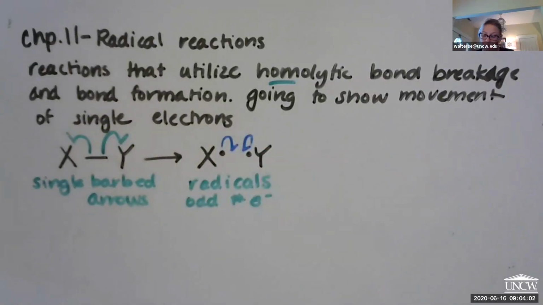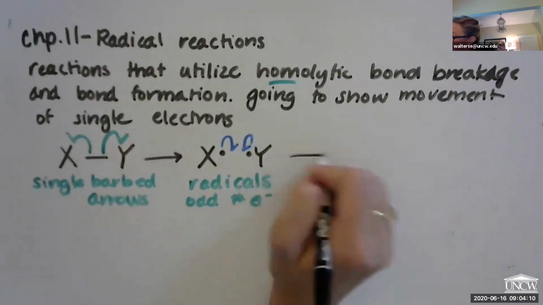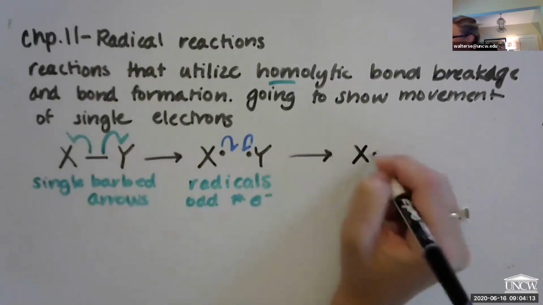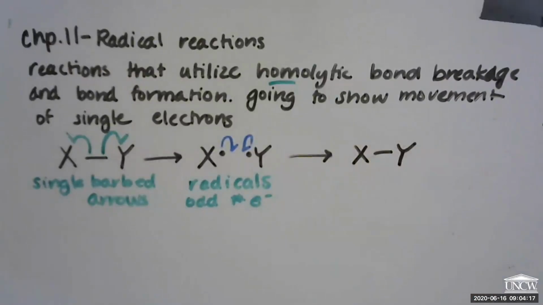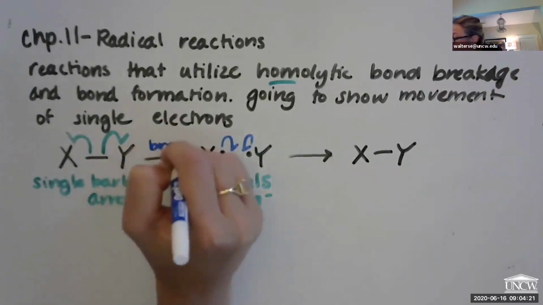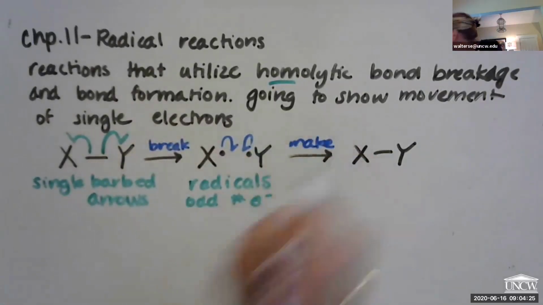So you just reform the bond, showing one electron comes in from X, one electron comes in from Y, and that's a 2-electron system which will reform that sigma bond. So on this side we break, and on this side it's shown that we're making these.